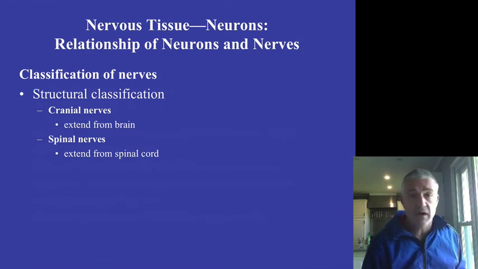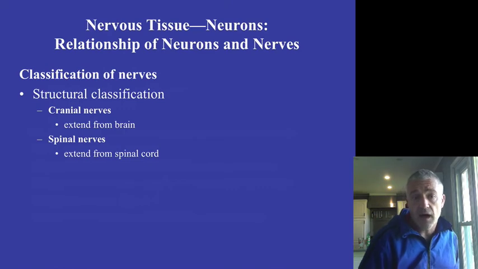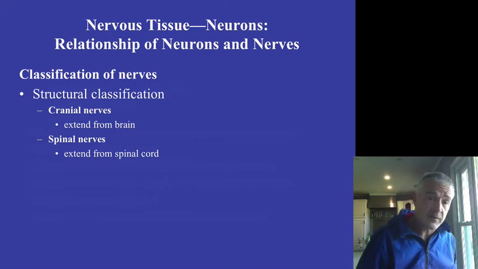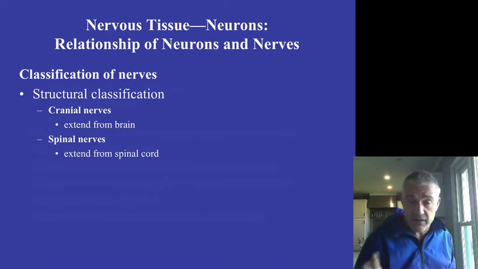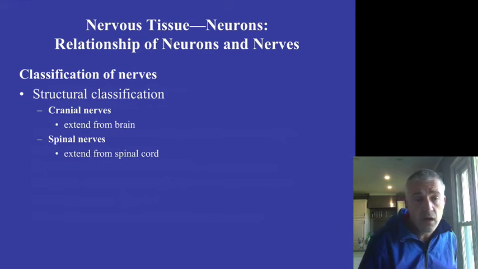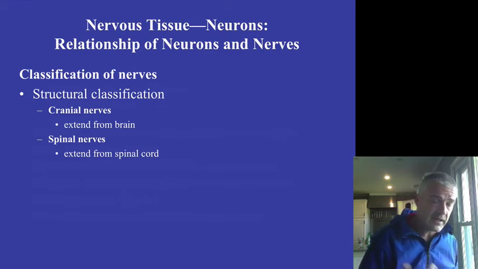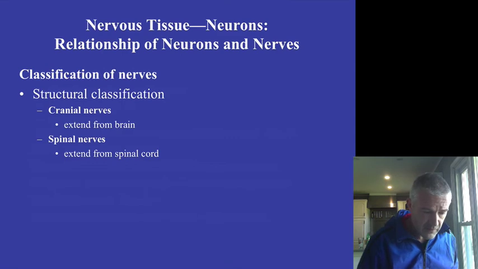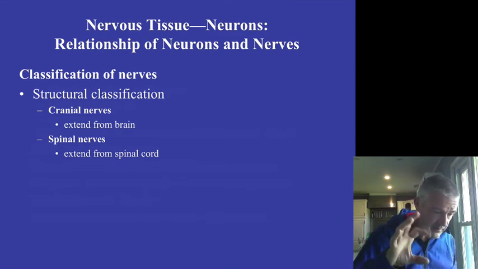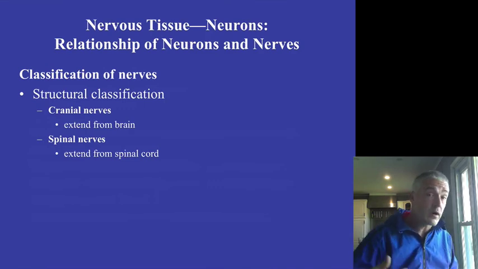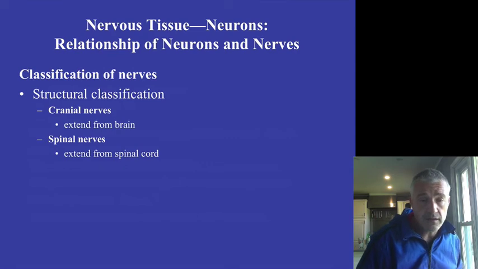Beyond that, we can classify these different nerves by where they're coming from. Cranial nerves are the ones that come out from the brain. We have 12 pairs that we'll talk about at some point in AMP2. The spinal nerves, we name based on where they're leaving the vertebrae. They're numbered. The first spinal nerve is with the cervical vertebrae, so we talk about the C1, C2 nerve, T1, T2 nerve, all the way down to the bottom.